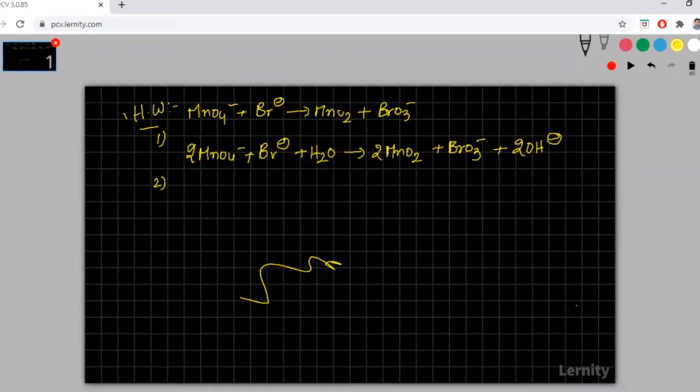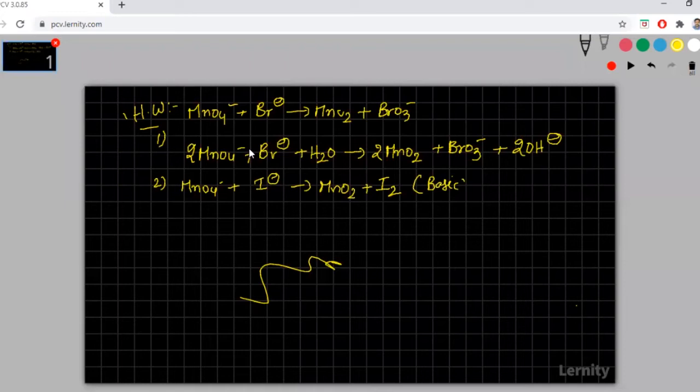So the second problem is MnO4 minus plus I minus gives MnO2 plus I2. Understand clear? I gave this one also in basic medium only.